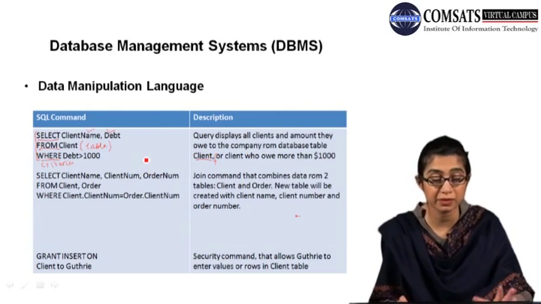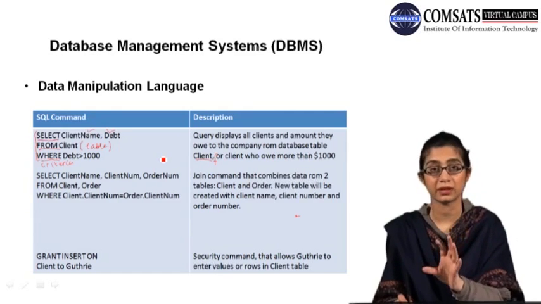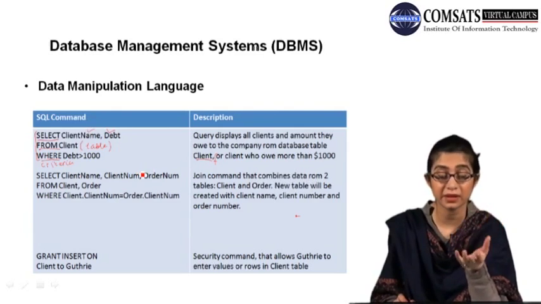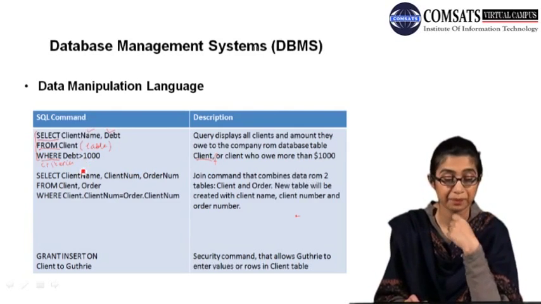So this is again a very simple select statement we used to make a selection. This is the first thing we studied in relational databases, that was selecting. This is what we have shown here with the help of the SQL command.